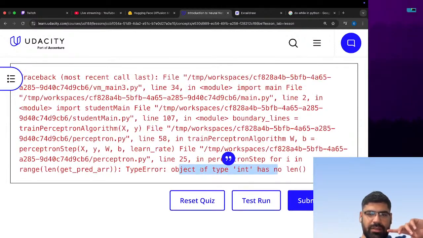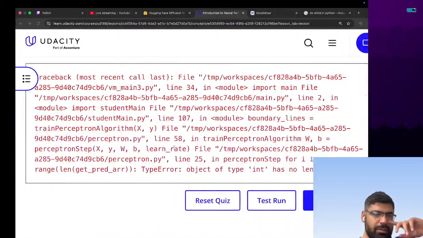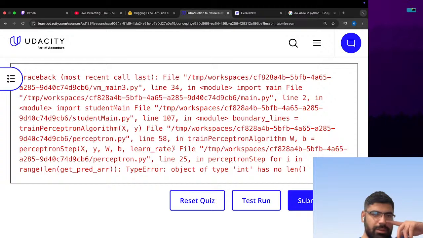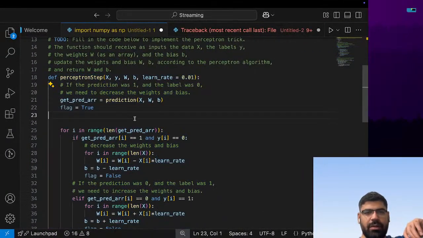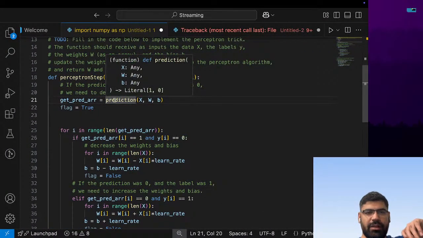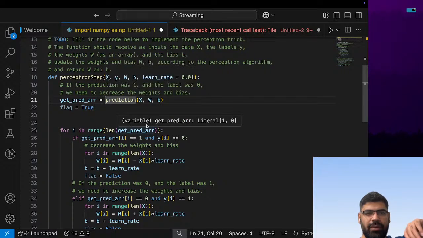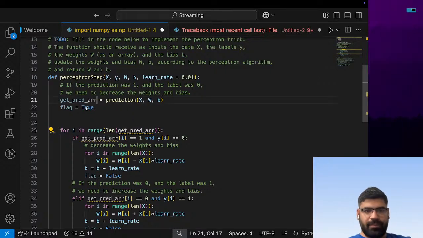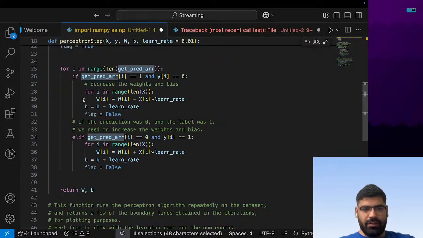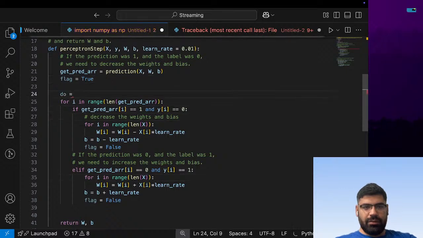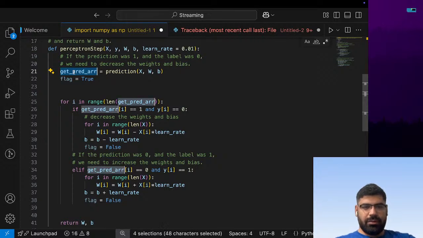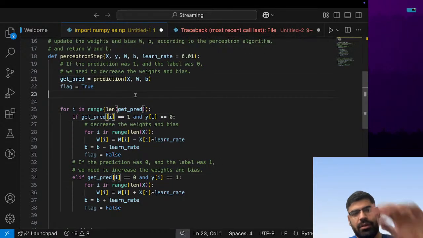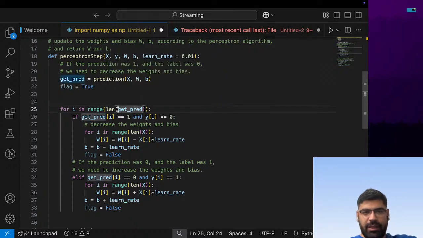It's returning just one prediction, that's all. So I don't need a length here.